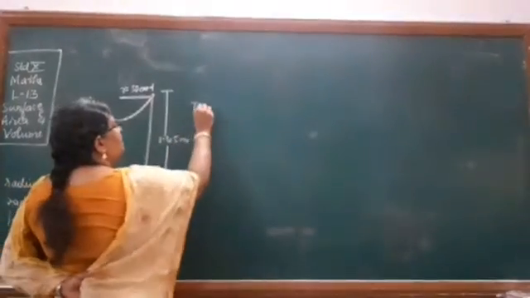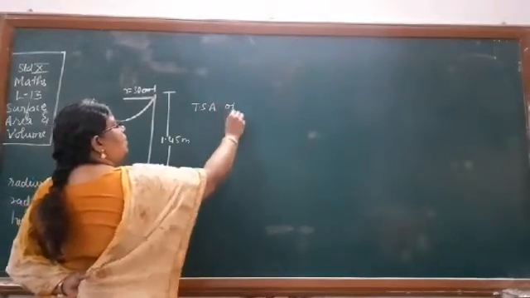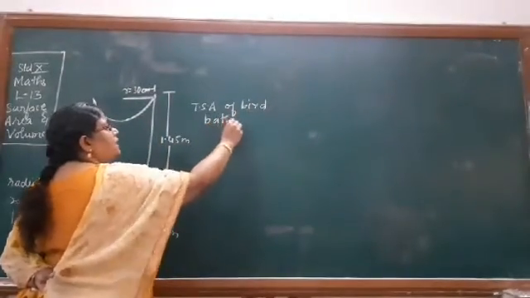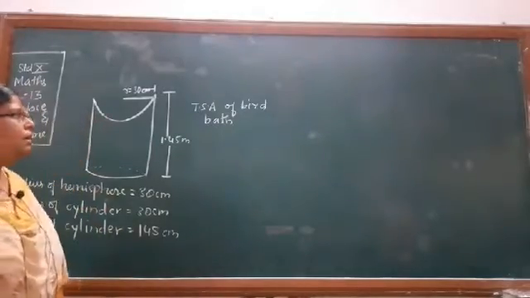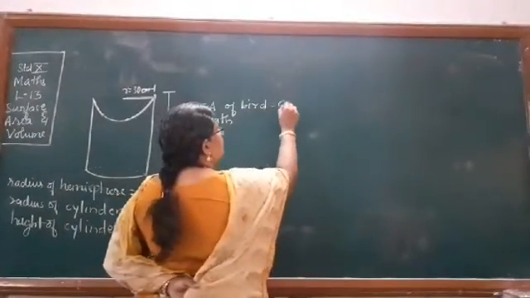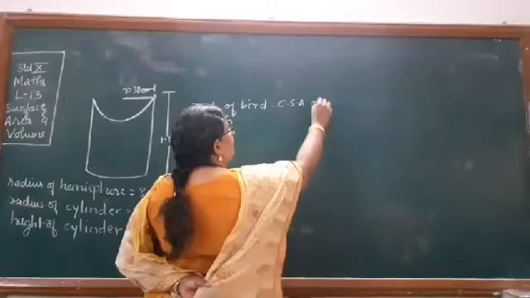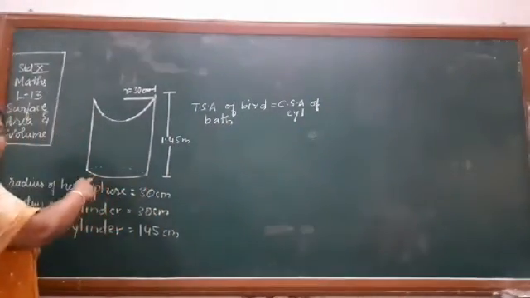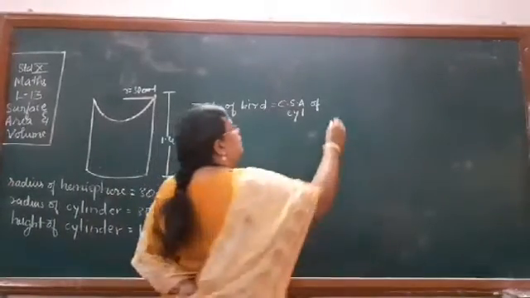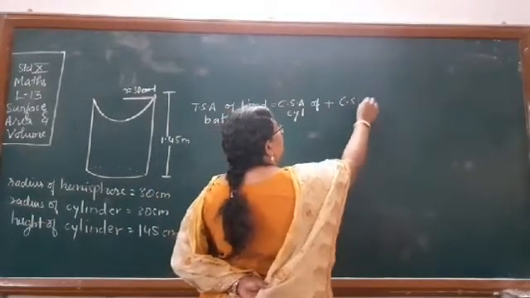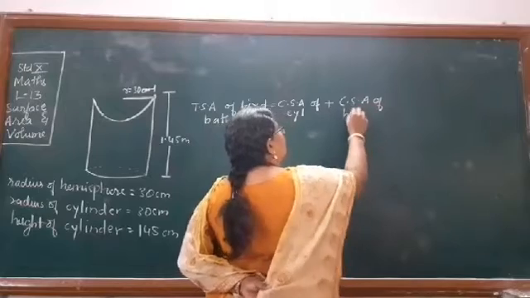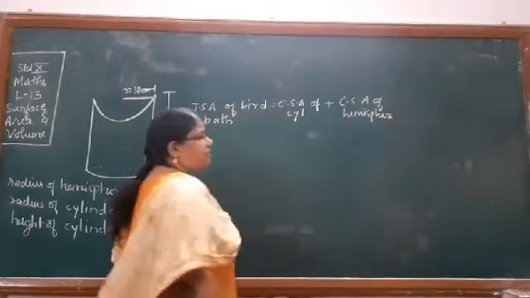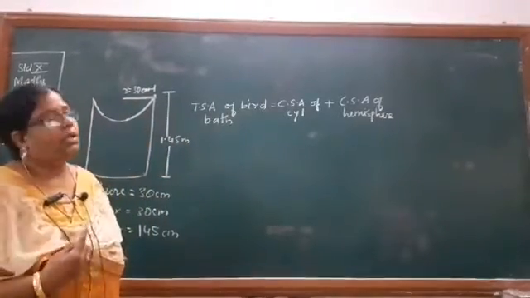Now they have asked to find the total surface area of the bird bath. That is, TSA of the bird bath. When TSA of the bird bath is asked, it comprises two things: the curved surface area of the cylinder plus the curved surface area of the hemisphere.